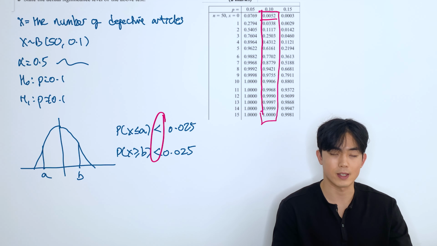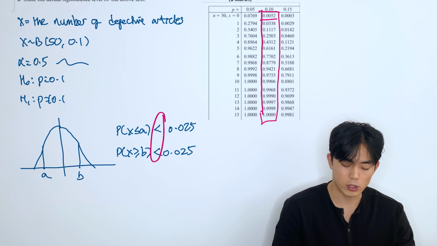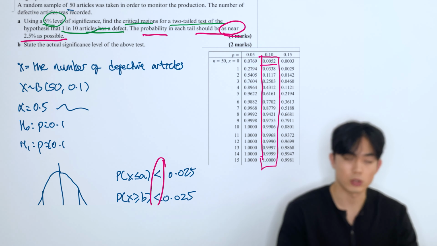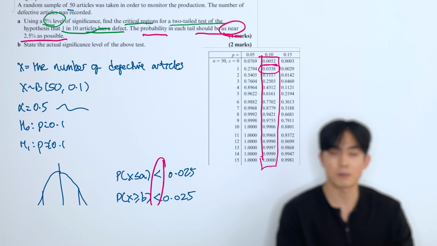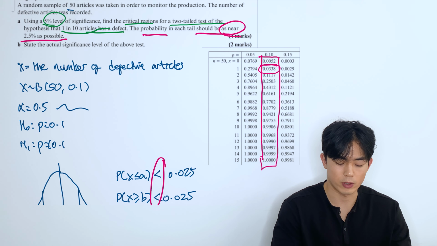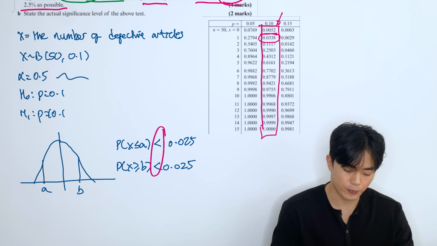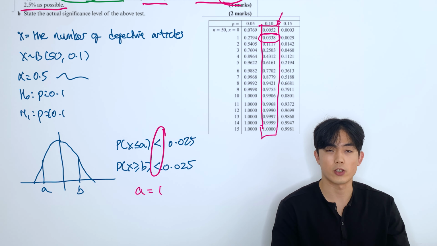So in most cases, we'd have to go for this value here. But as you can see in the question, it says it can be as near to 0.025 as possible. And this value here is actually, even though it's bigger than 0.025, it's closer to the value of 0.025 than the 0.0051 here. So what we have to do now is actually say A is going to be 1 rather than 0, okay? This is the only difference because of the question they've asked us.